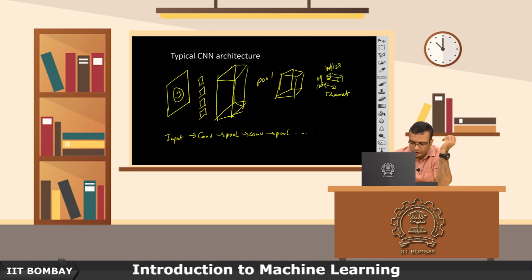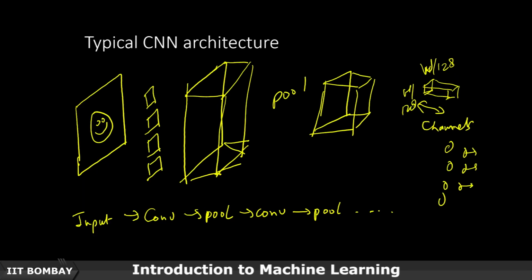Because you cannot do that, you will just take this 3-dimensional tensor, stretch it out and make it into a 1-dimensional vector of size w by 128 times h by 128 times the number of channels. Then after this we will have fully connected layers, just like a regular neural network, and the final layer will give you the classification or whatever regression you want to do.